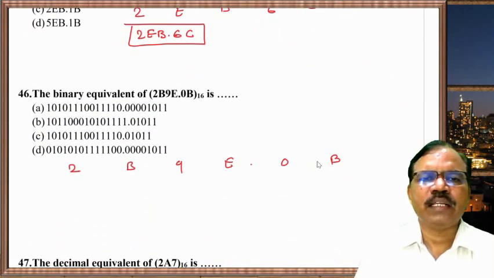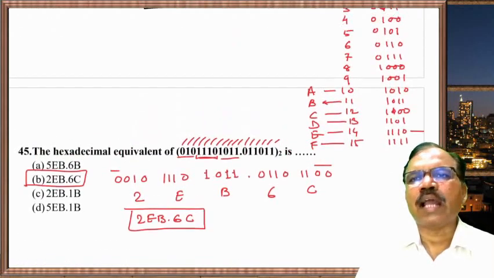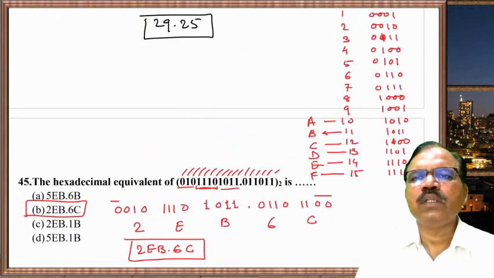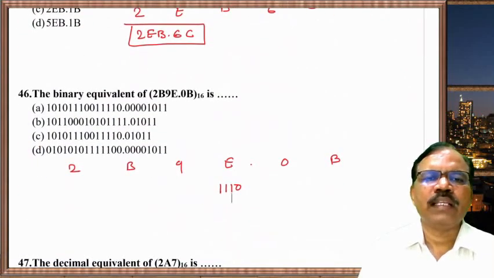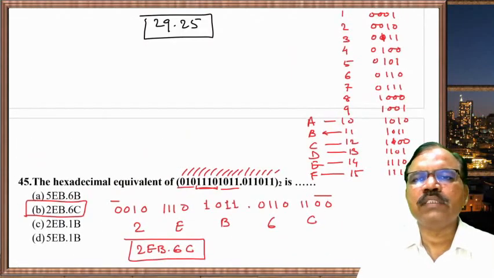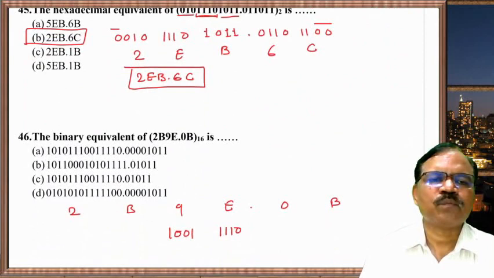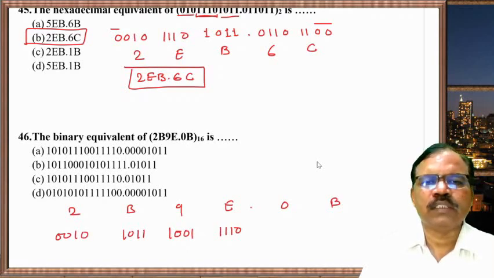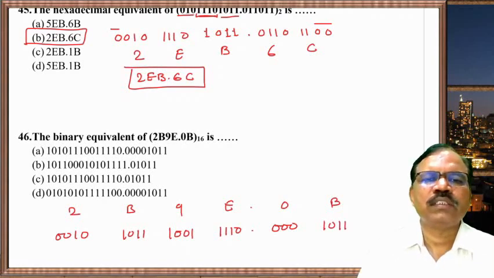So we take here 1110. For 9 we have 1001. For B we have 1011. For 2, 0010. For 0, 0000, and here 1011. So this is the number.